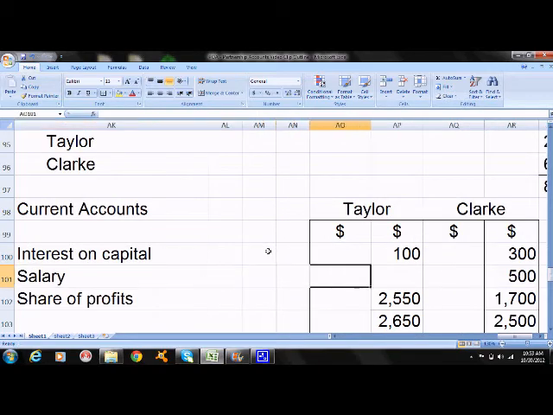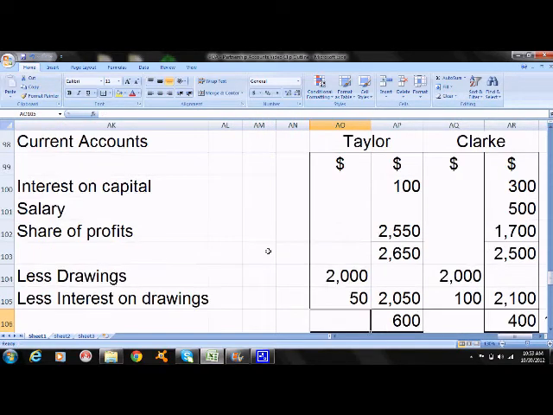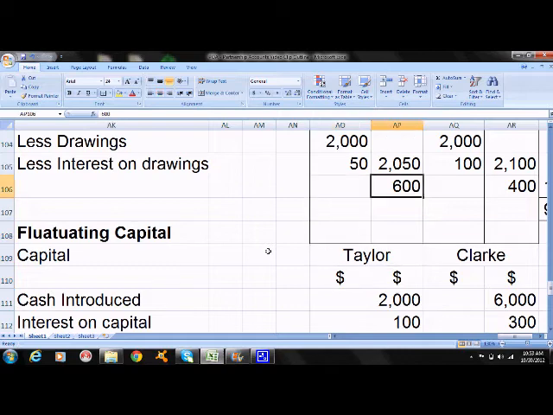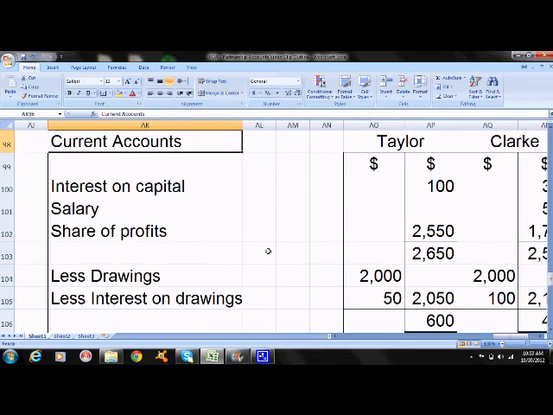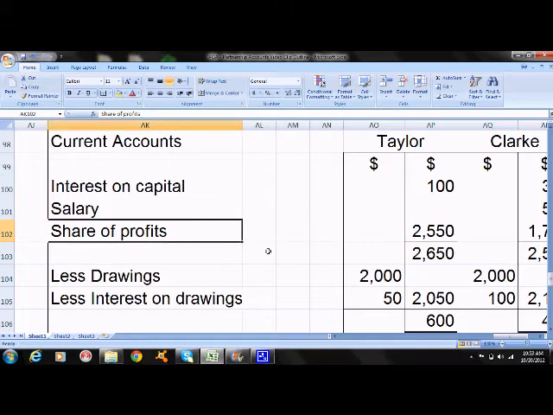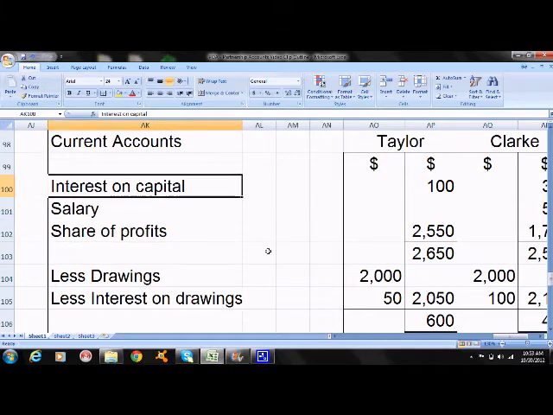Now that's it for the fixed capital account. So you have first, notice that interest and capital, which side are they normally on? Current account, they are on the what?